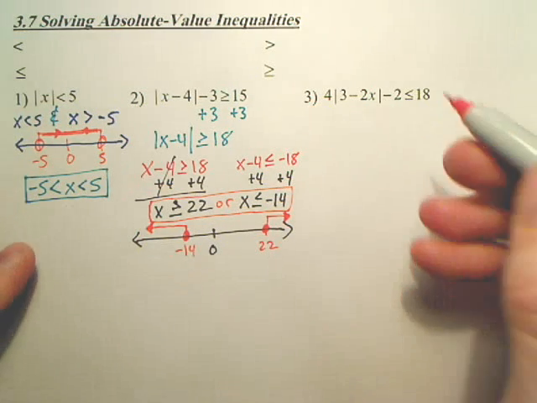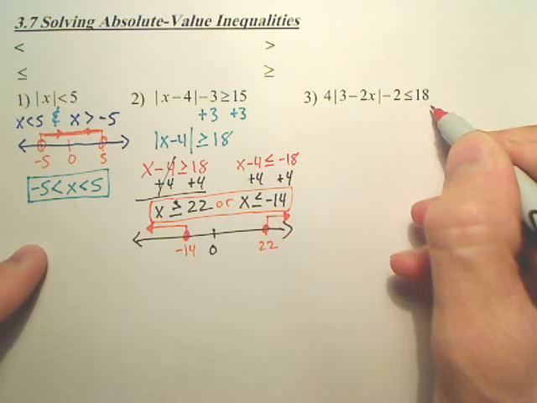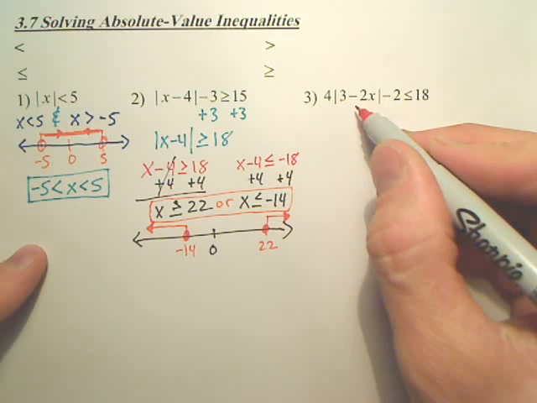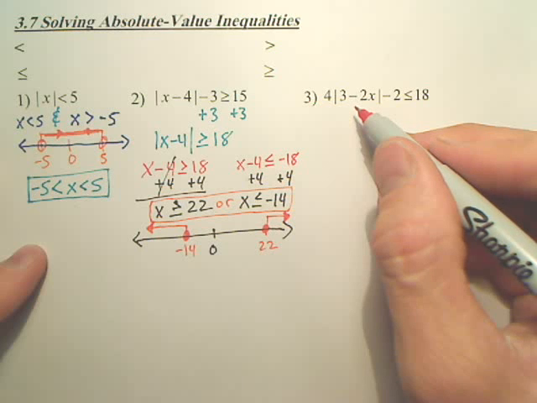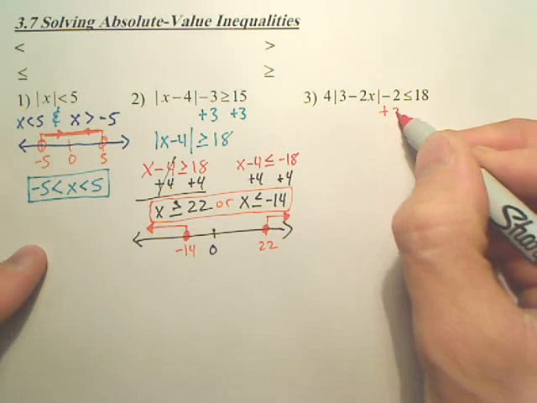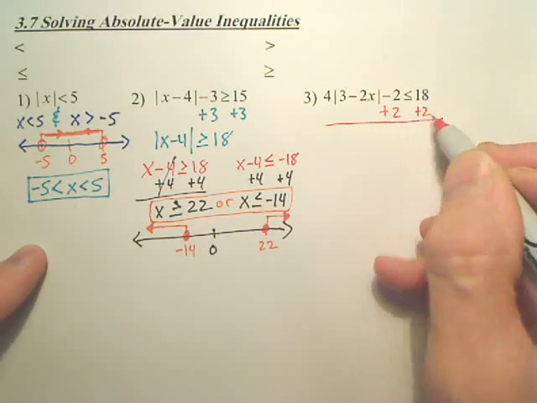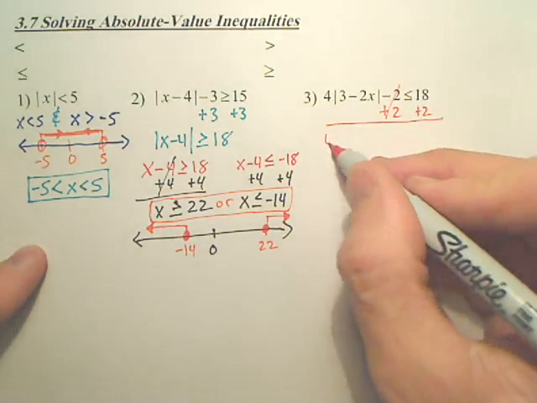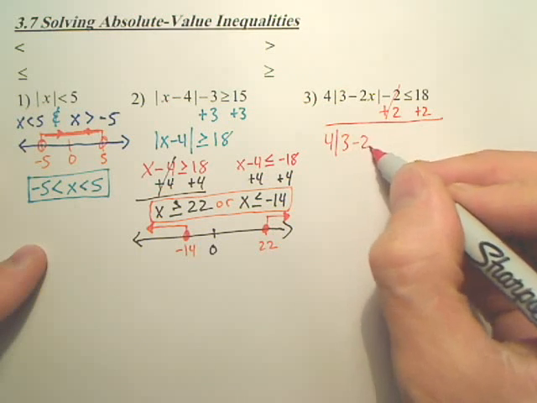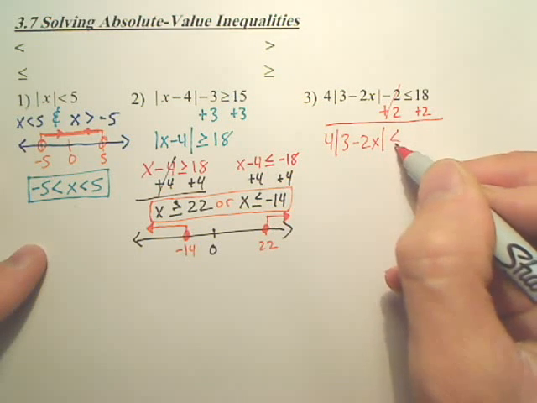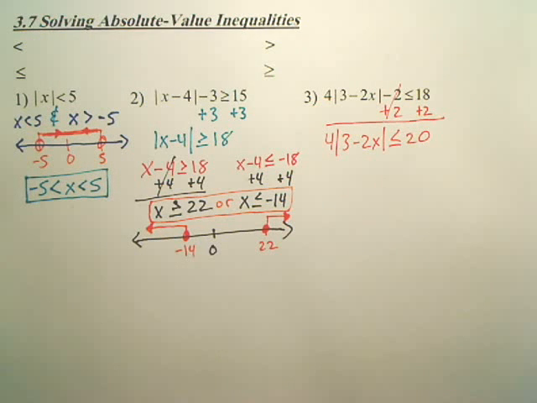Okay. First step when I want to solve this is to get the absolute value by itself. In order to get the absolute value by itself, I first add the 2 over. Now, if I want to get the absolute value by itself, I still need to move over what?